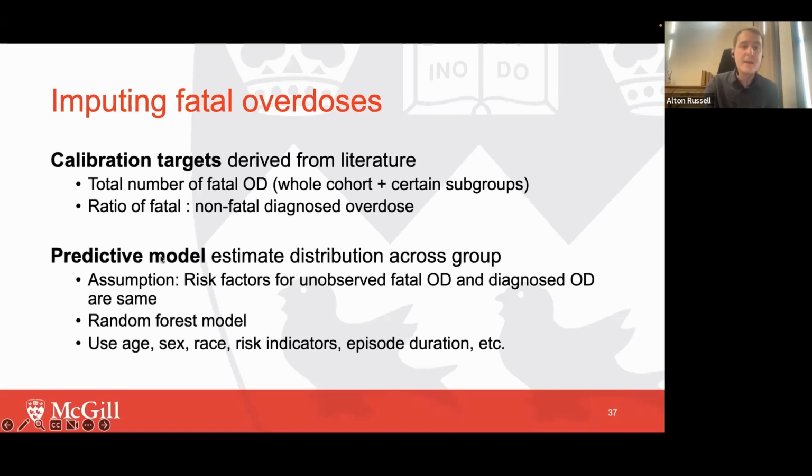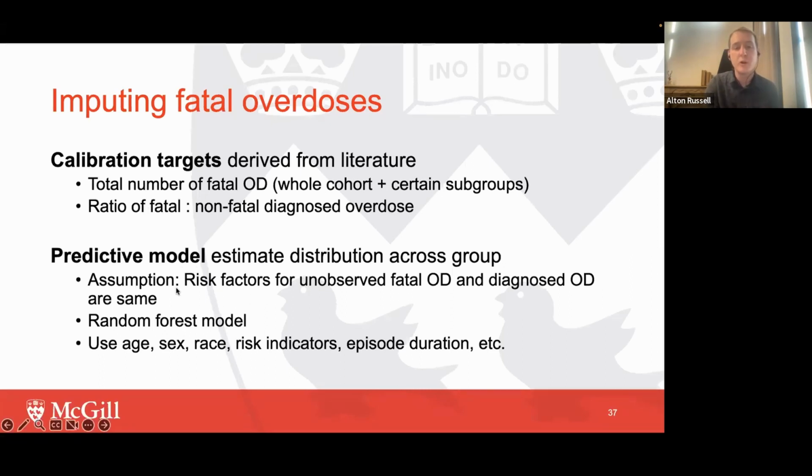Then I developed a predictive model to estimate the distribution of the fatal overdoses across the groups. The key assumption is that the model is actually predicting diagnosed overdoses, because that's what we have in the data set, and we're assuming that the risk factors associated with unobserved fatal overdoses and diagnosed overdoses are the same, which I think is probably a fairly safe assumption.